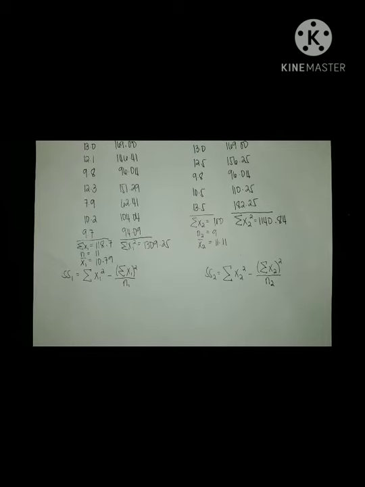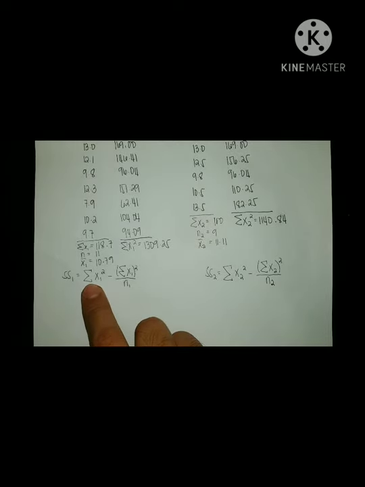So the sum of squares is given by the formula: the summation of x squared minus the quantity of the summation of x, squared, divided by n. So let us first get SS sub 1, or the sum of squares of the first group.